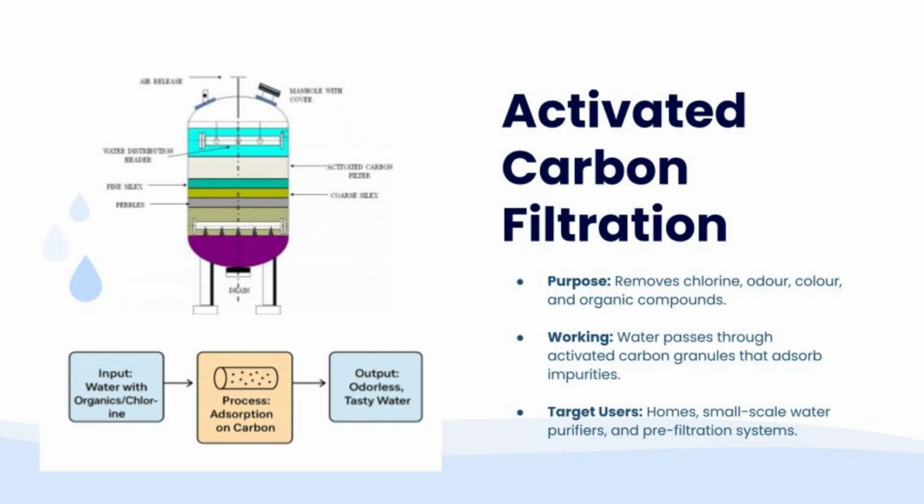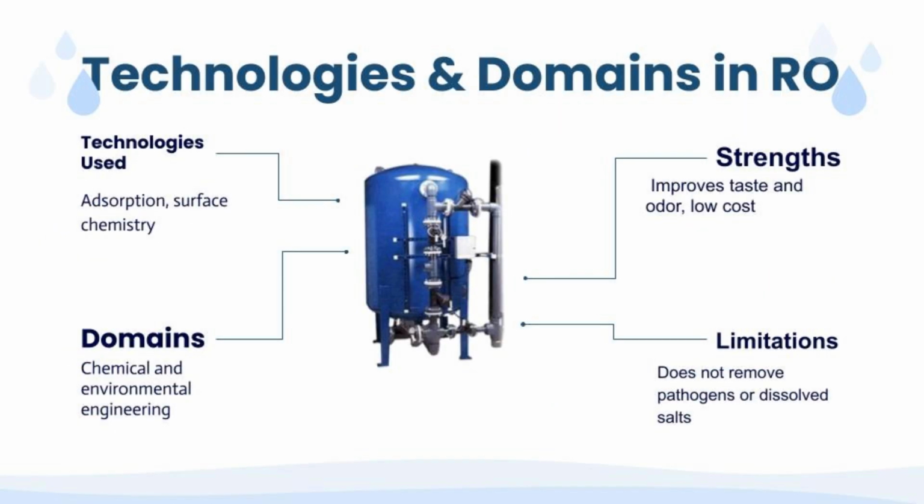Target users: these filters are common in homes, small-scale water purifiers, and as pre-filtration stages before more advanced systems like RO or UF. From an engineering standpoint, this method uses surface chemistry and adsorption principles, belonging mainly to chemical and environmental engineering.